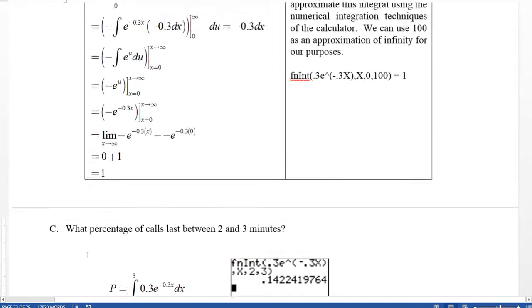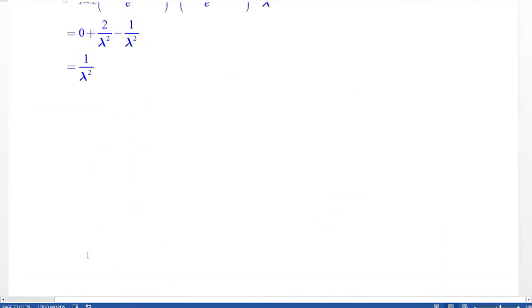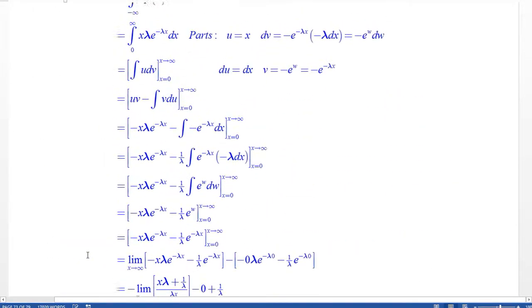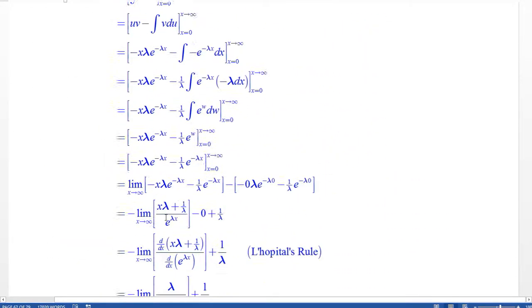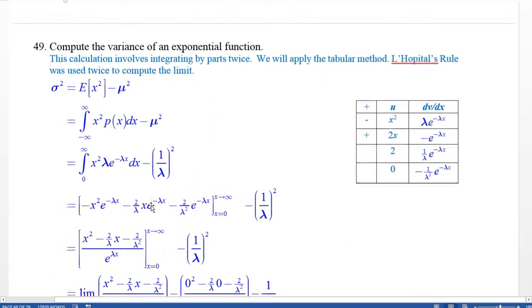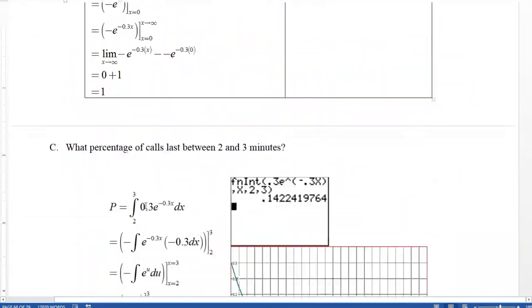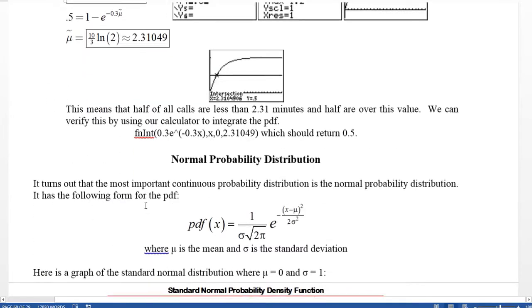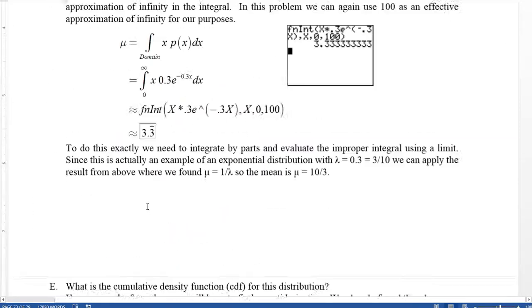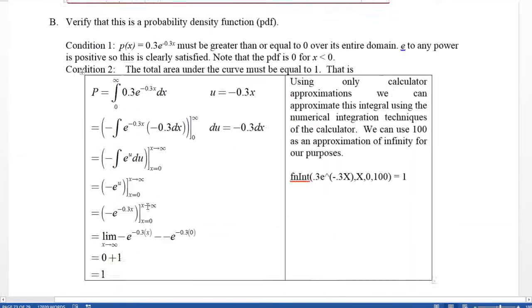Once again, we did this earlier in general and found that the mean of an exponential function is just 1 over lambda. I'm sorry, did we do the median?